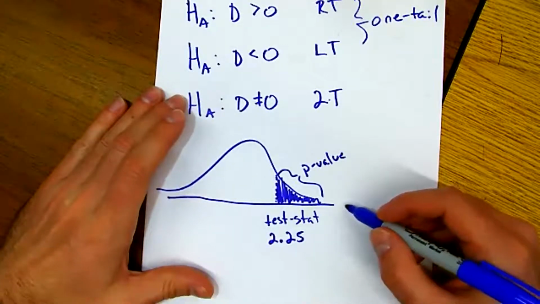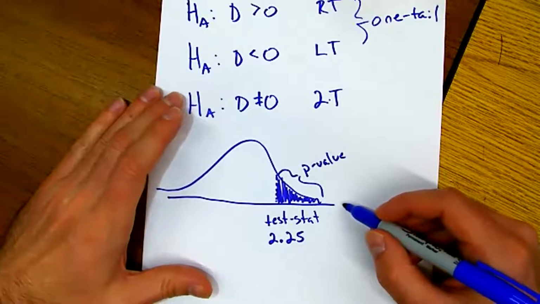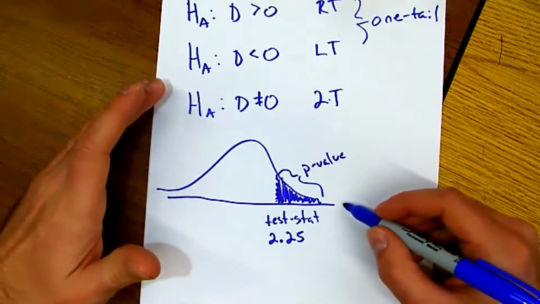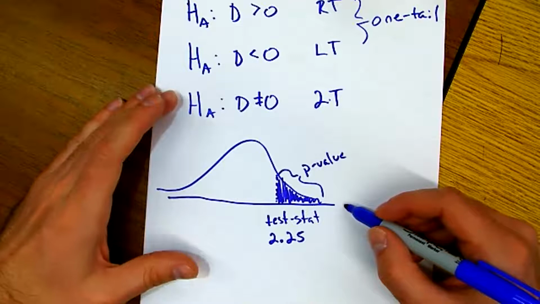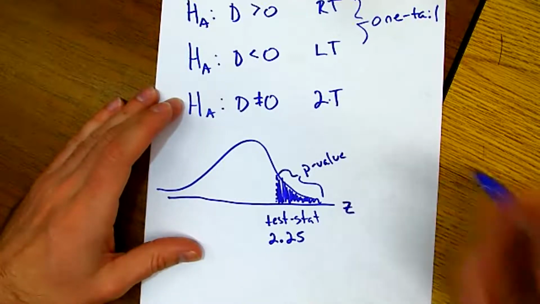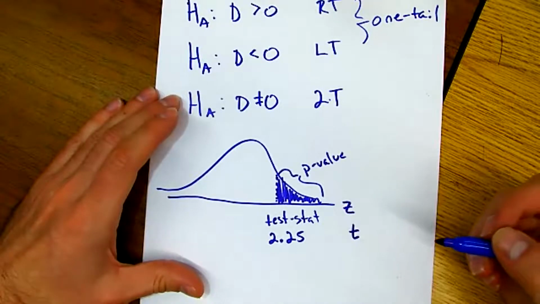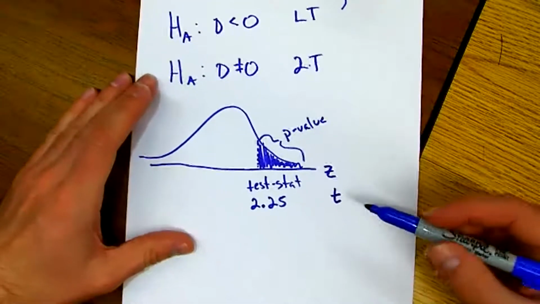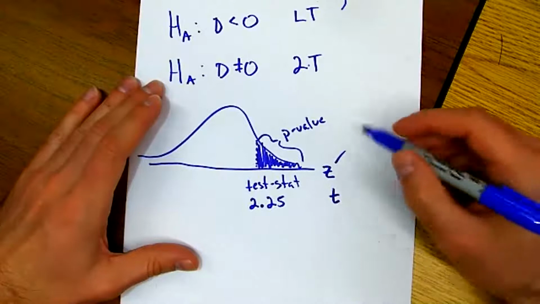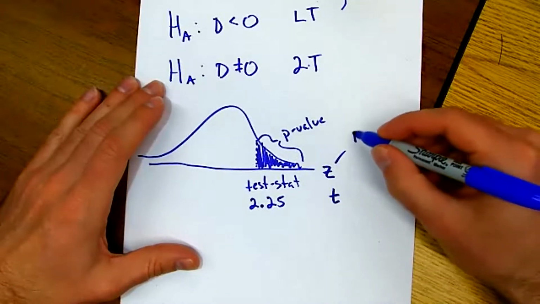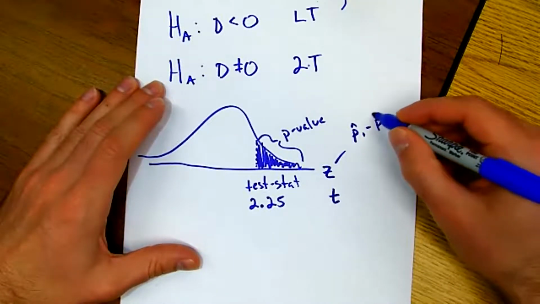If I'm looking at proportions or a situation where I know my population standard deviations or population variances, I'd be dealing with the standard normal. If it's not, I'm looking at a student T. And I can probably do it to the side here. All right, so the only time we use the standard normal is if I'm looking for the difference in proportions.